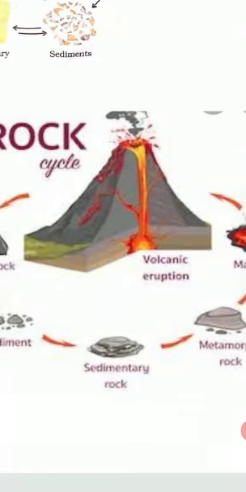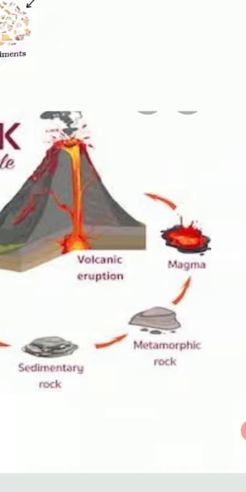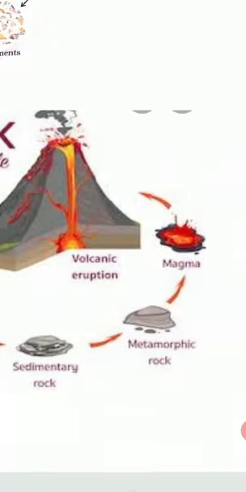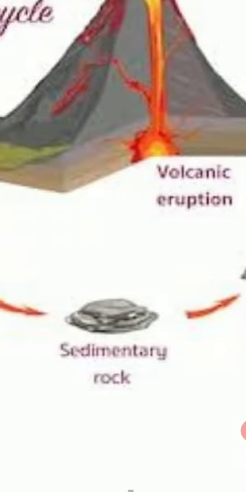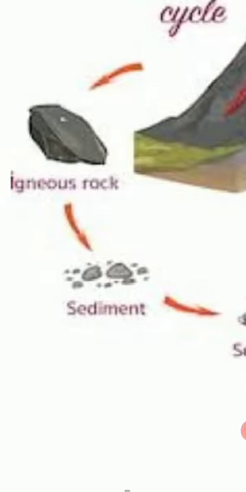Then we can understand from here that under great heat and pressure, igneous rocks or sedimentary rocks change into metamorphic rock. Now this sedimentary rock, how is it formed? It is formed from the igneous rocks.